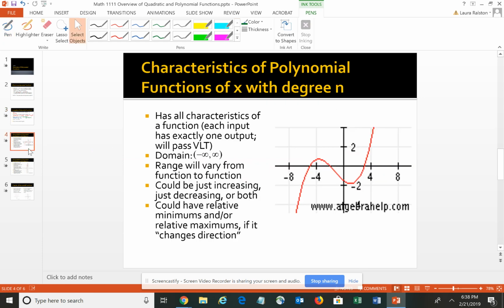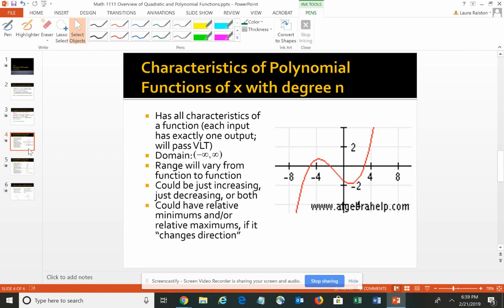Some of the characteristics that are common to all polynomial functions of degree n is that they are functions, which means they will pass the vertical line test. The domain or the input for a polynomial function is negative infinity to positive infinity or all real numbers.